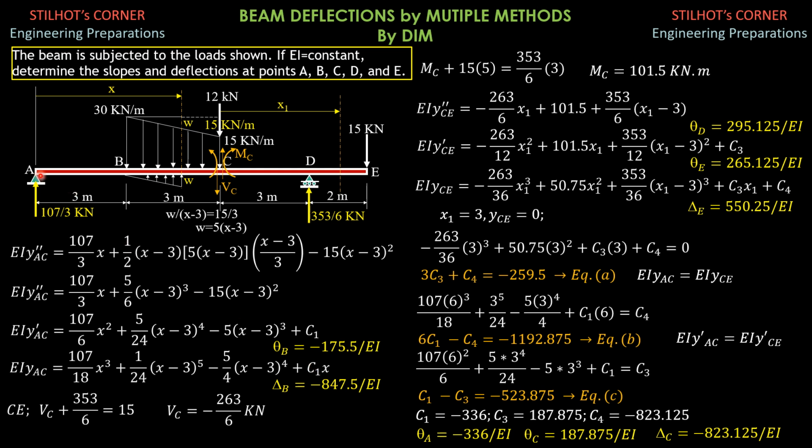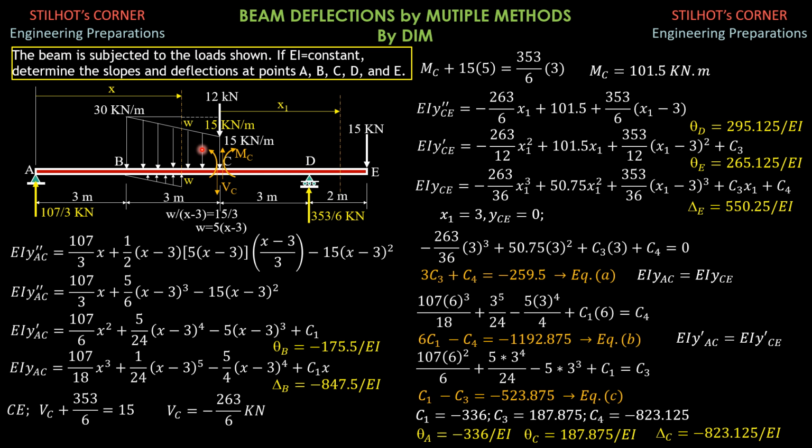Integrating again, we have 107 over 18 x cubed plus 1 over 25 times 5, cancel 5, so 1 over 24 (x minus 3) to the fifth, then minus 5 over 4 quantity (x minus 3) to the fourth plus c sub 1 x.